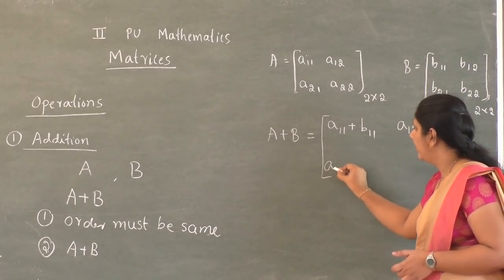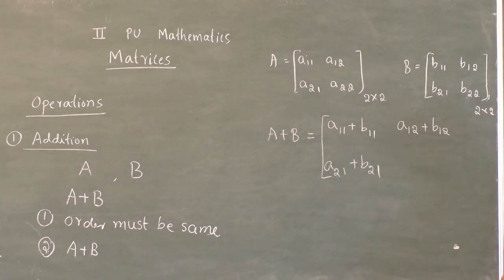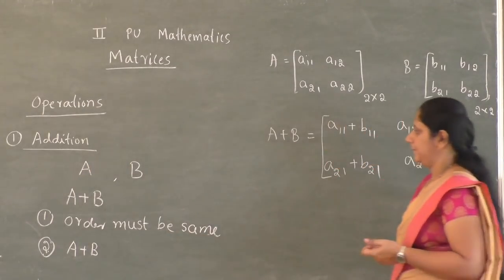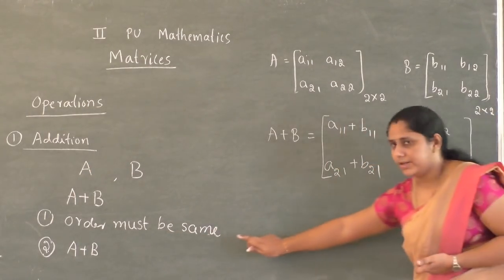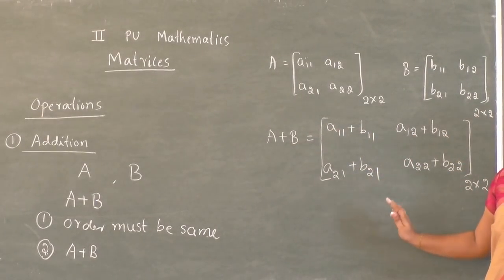Second row, first column element is A21 plus B21. And second row, second column element is A22 plus B22. So this is the resultant matrix A plus B. Again the order is the same, that is 2 cross 2. So this is regarding addition of two matrices. The condition required is that the order must be the same and we add the corresponding elements of A and B.